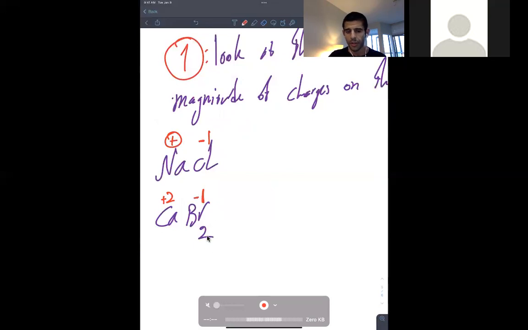First of all, we don't care about the sign here. We only look at the plain number of the charges, which is why I said magnitude. Like in math, the sign doesn't matter. So +1 and -1 gives 1 and 1, so it's 2. And this one is 2 and 1, so it's 3.